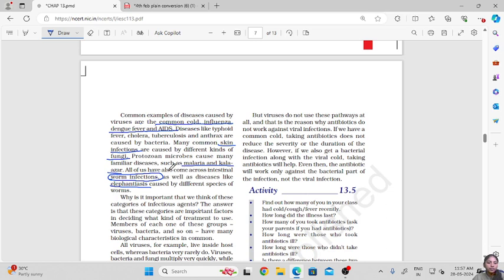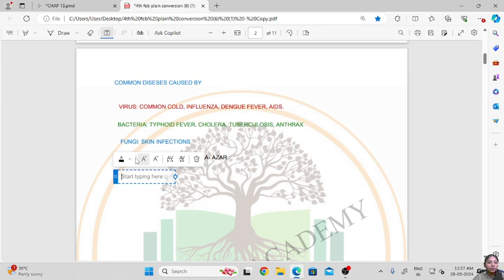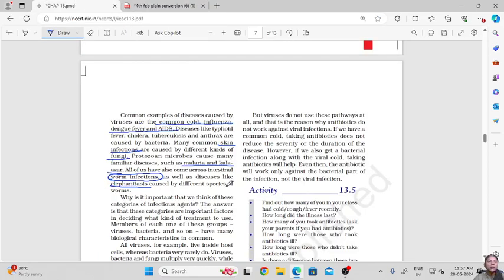So caused by worms are the worm infections and elephantiasis. So because of these worm infections, we have to take the deworming pills regularly at certain regular intervals.